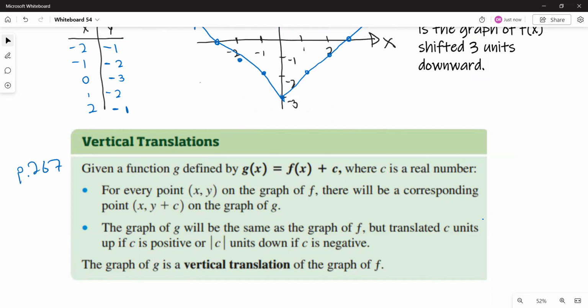Given a function g defined by g of x equals f of x plus c, where c is a real number, for every point (x, y) on the graph of f, there will be a corresponding point (x, y plus c) on the graph of g. The graph of g will be the same as the graph of f, but translated c units up if c is positive, and c units down if c is negative.